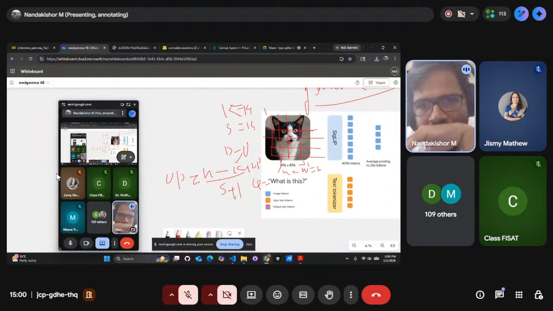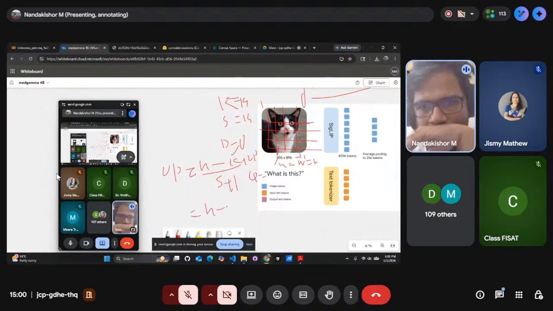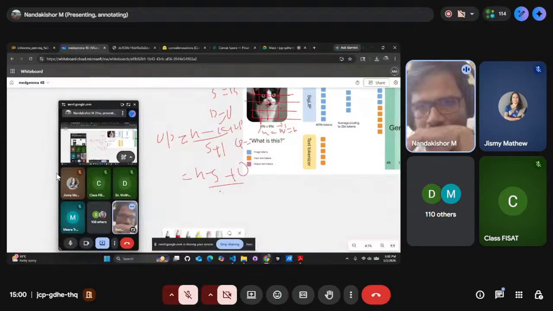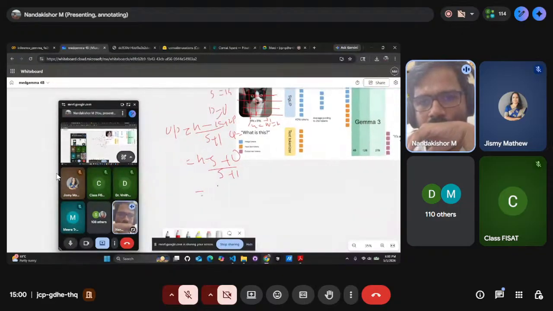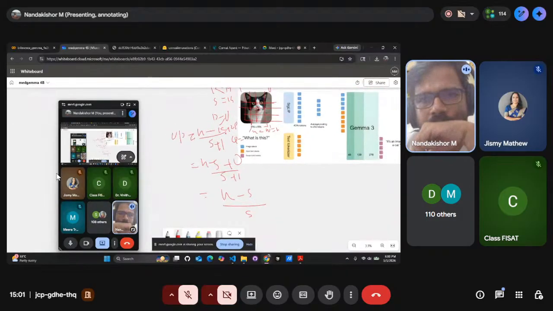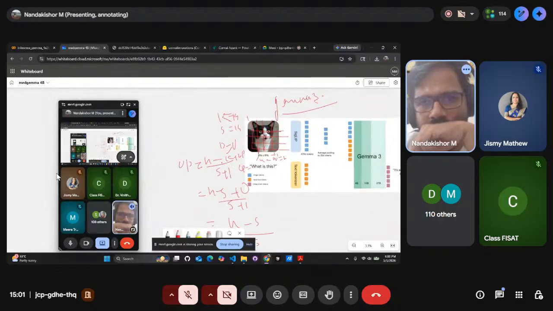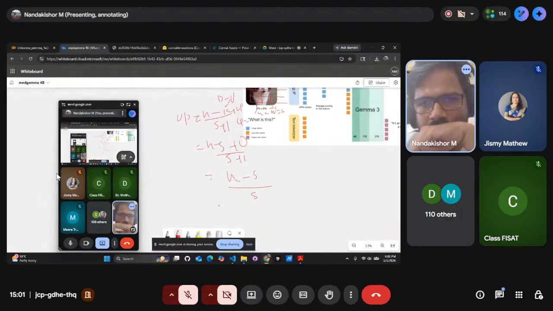Here K and S are equal, so H minus K cancels with S, and 2P is 0. So we get H by S minus 1.